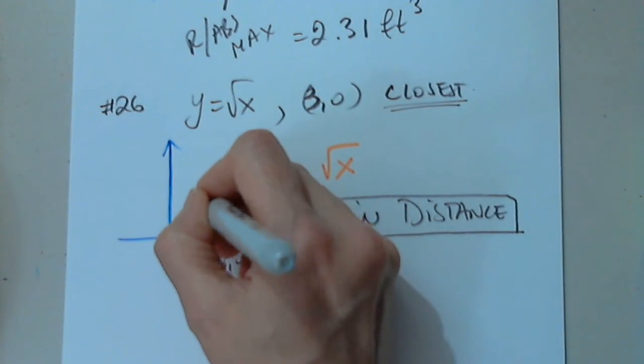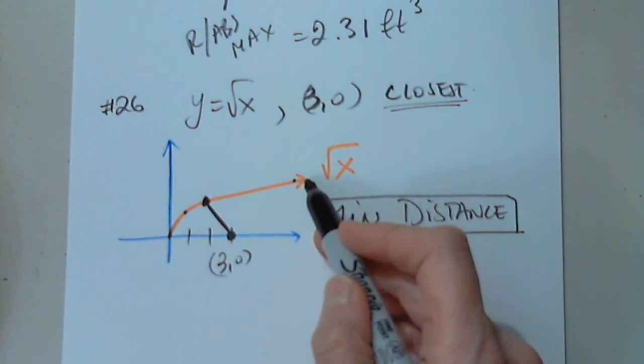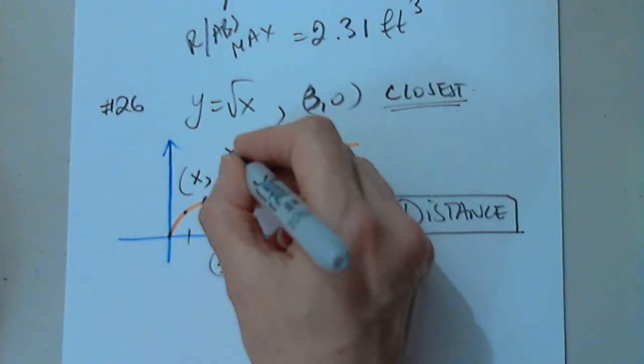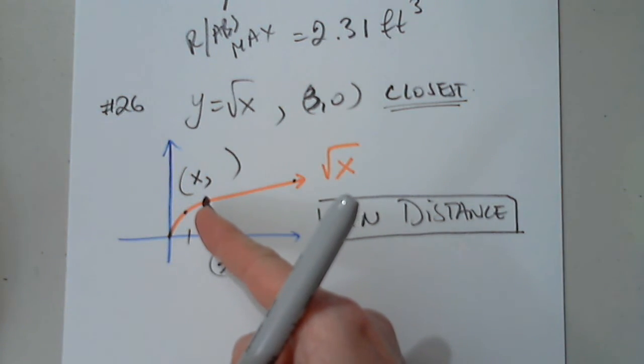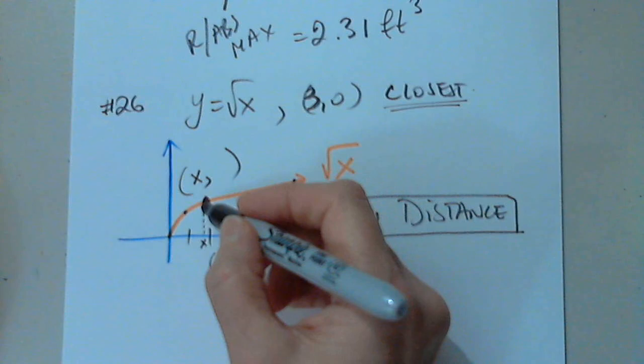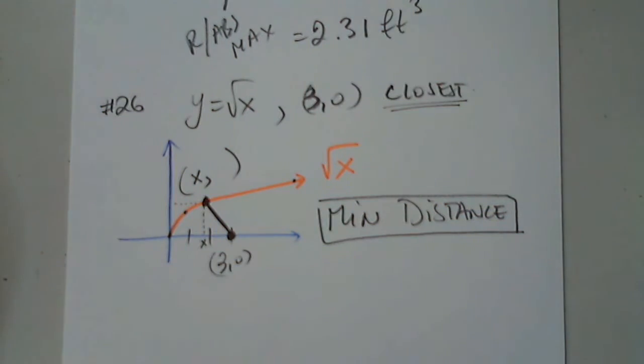So this is a point on the curve. Let's say it has an x. Can anyone give us the y coordinate of this point? If its x coordinate is x, what is its y coordinate?